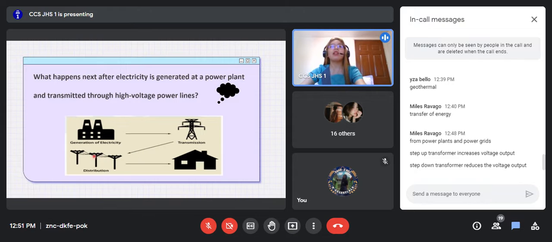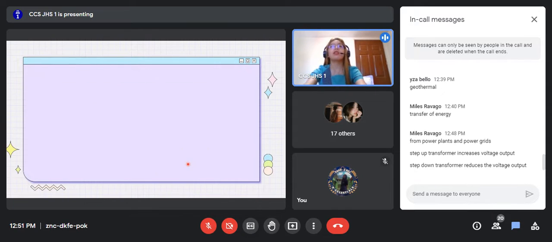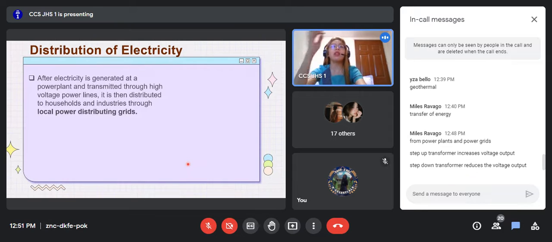And then distributed again to the local power distribution lines. This is an example, a smaller version of transmission lines, the local power distribution lines. And before it is transferred, its voltage will be further reduced for the end user or consumers.